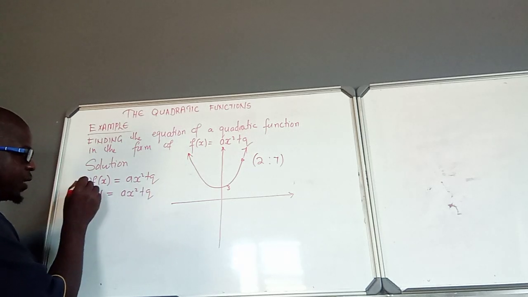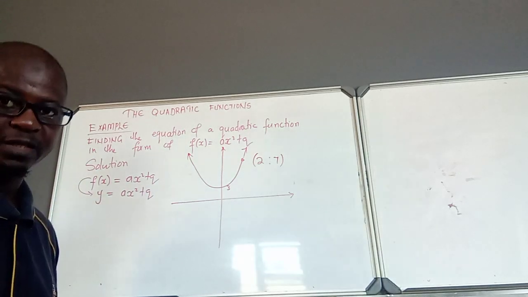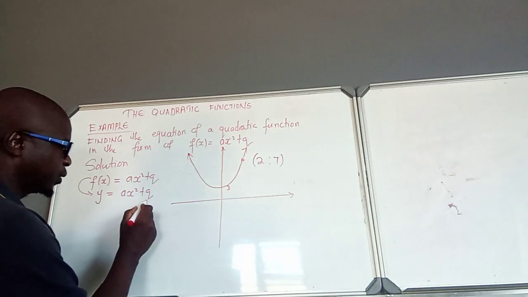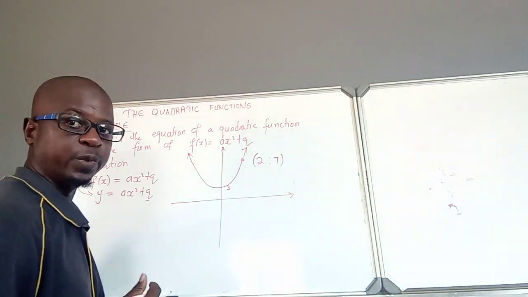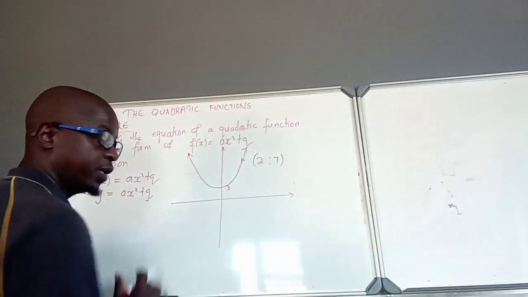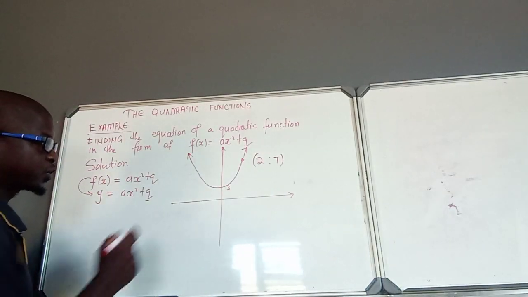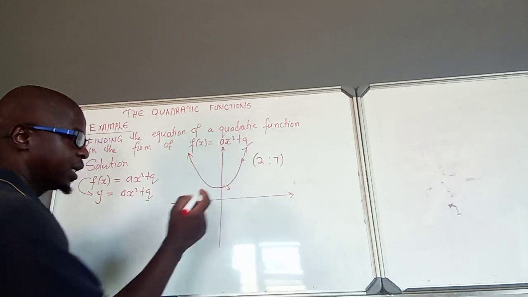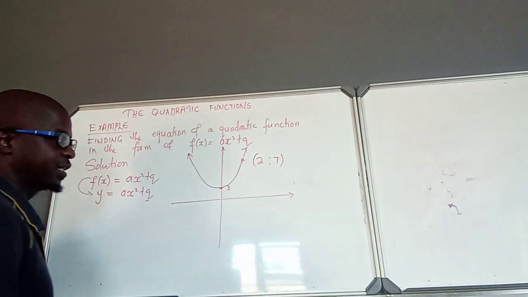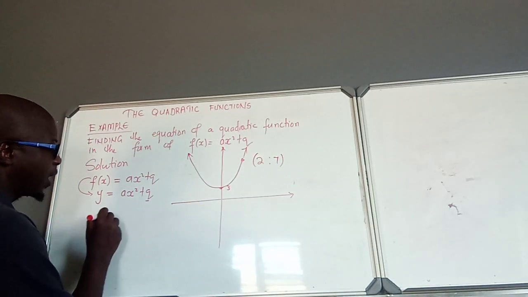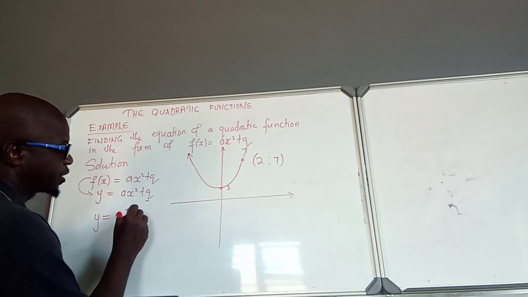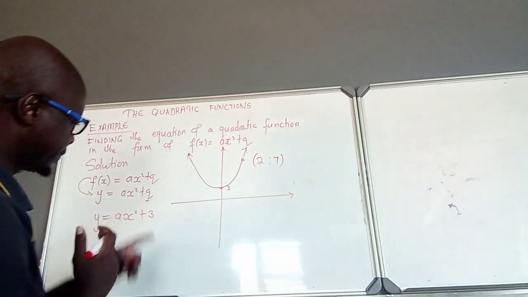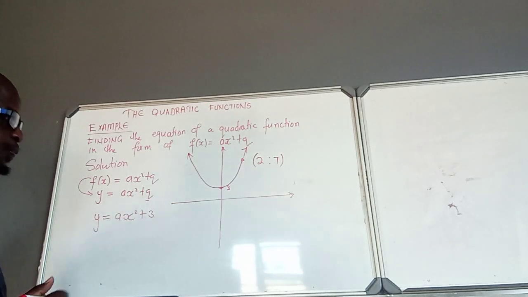It's one and the same thing. Now I'm going to look at this q, and we know that q is actually the y-intercept, where the graph cuts the y-axis, and I find that the value here is 3. So y is equal to ax squared plus 3. I now have replaced my q with a 3.